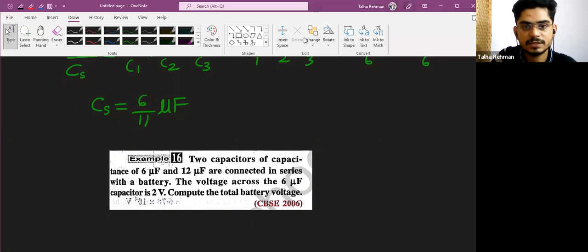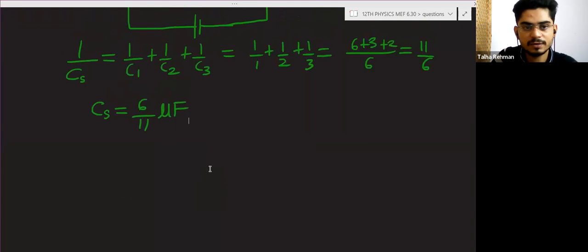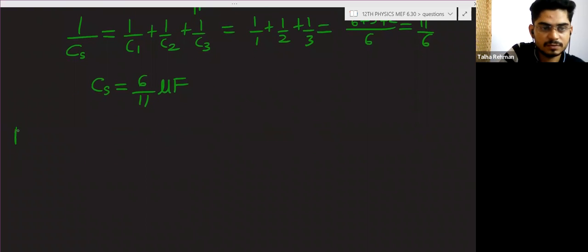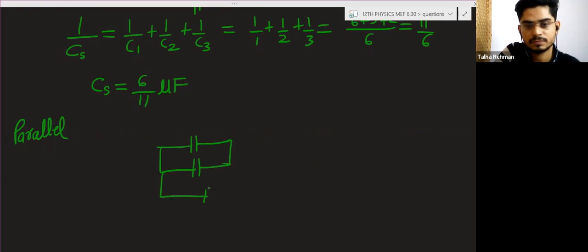Now, if I have connected these capacitors in parallel, I have connected them like this, and this is connected with some battery.